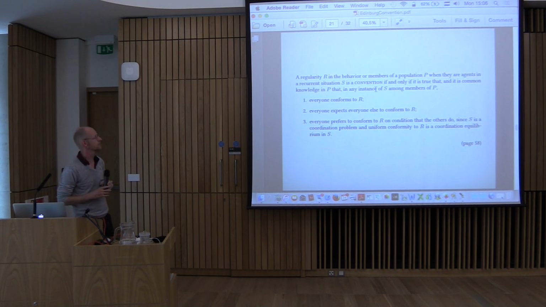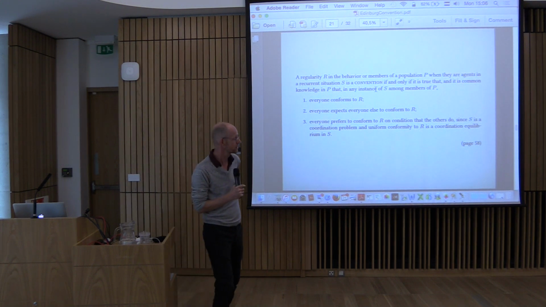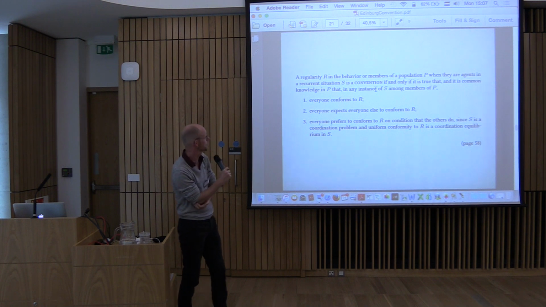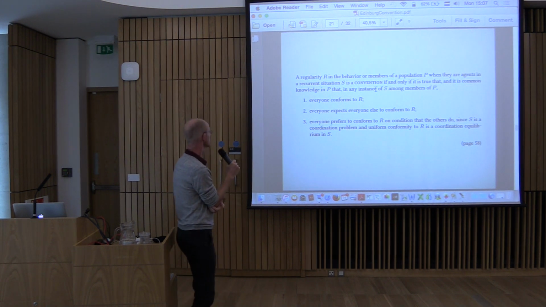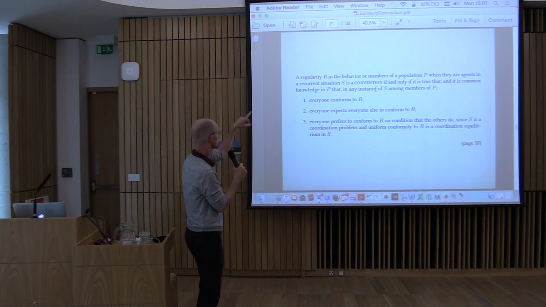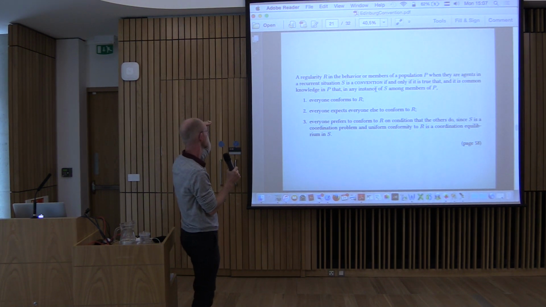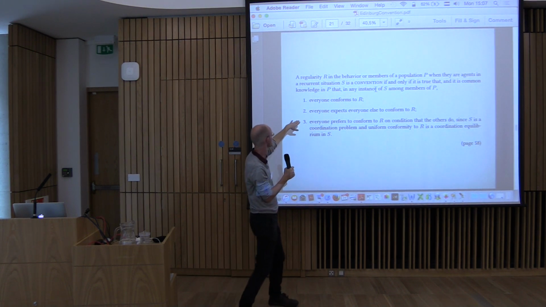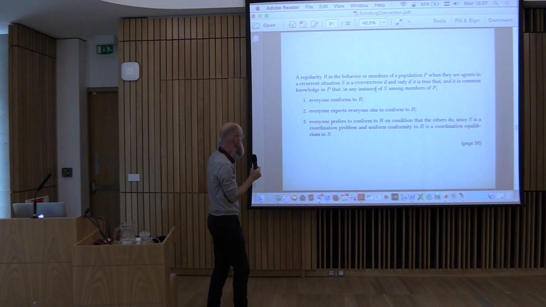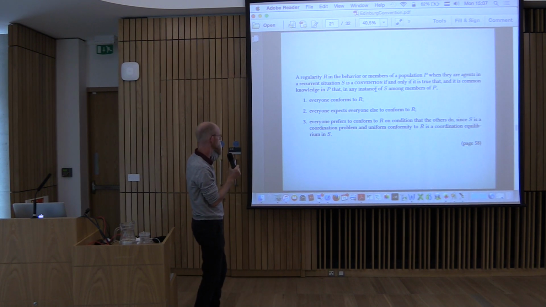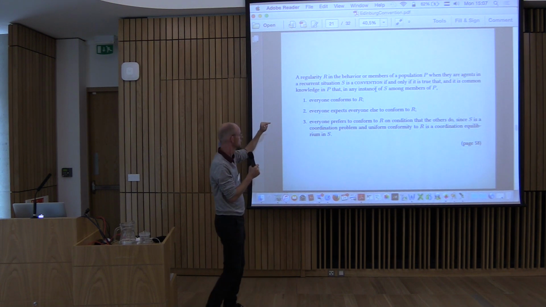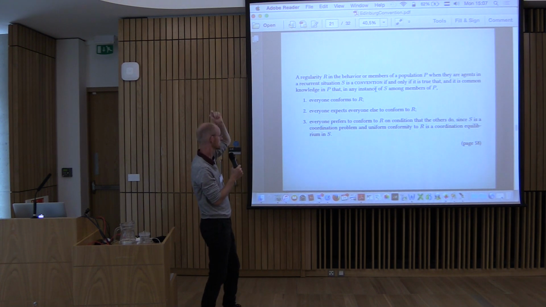And then the final definition of a convention, according to David Lewis, is a regularity R in behavior of members of a population P, when they are agents in a recurrent situation S, is a convention if and only if it's true, and it is common knowledge in P, so common knowledge is now added, that in any instance of S among members of P, everyone conforms to R, it's the same as before, everyone expects everyone else to conform to R, and everyone prefers to conform to R on condition that the others do, since S is a coordination problem, and conformity to R is a coordination equilibrium.